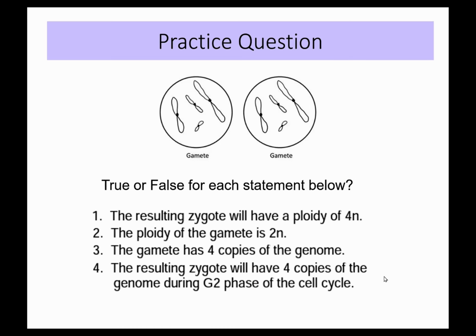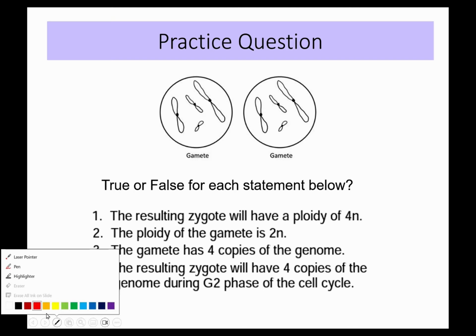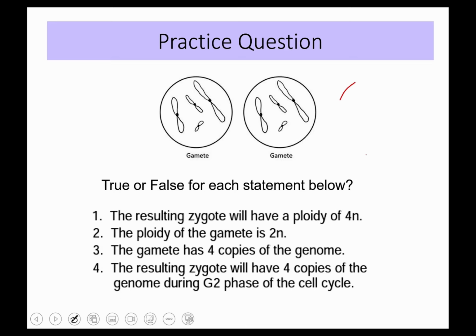I've talked about this. Let's do this practice. If you have these 2 gametes, and if you then produce a zygote, let's go through this. You guys know what the zygote will be, right? The resulting zygote will have a ploidy of 4n. Is it true or false? False.